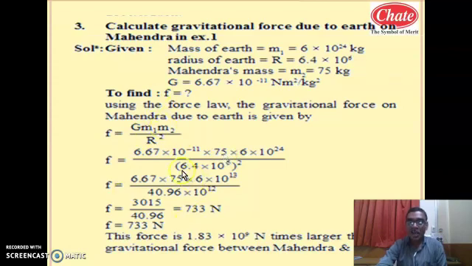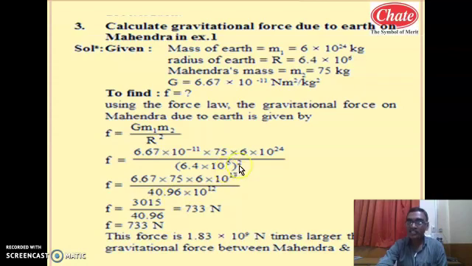The approximate center-to-center distance between Mahendra and Earth is the radius of the Earth, 6.4 into 10 raised to 6, whole square. The square of 6.4 is 6.4 into 6.4, which gives 40.96.